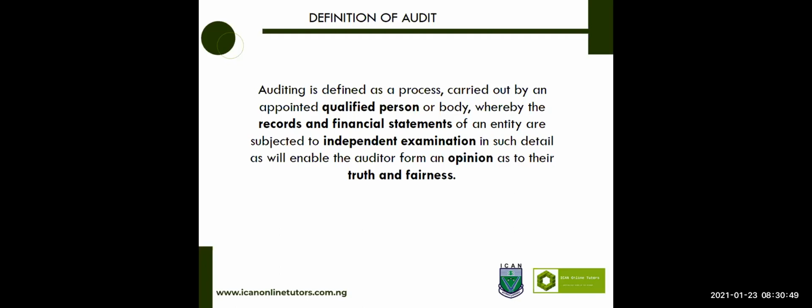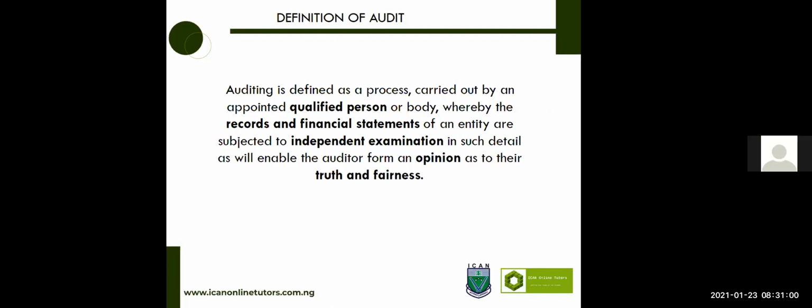All right, thank you. Okay, so as I was explaining the keyword in this definition, appointed qualified person. A qualified person is one that we have the expectation to have gone through a professional body, certified by a professional body, to be knowledgeable on accounting standards, on auditing standards, on ethics, on corporate governance.